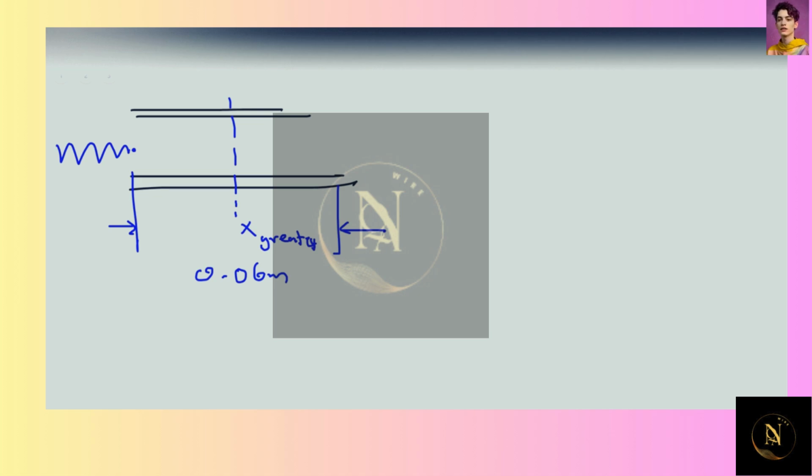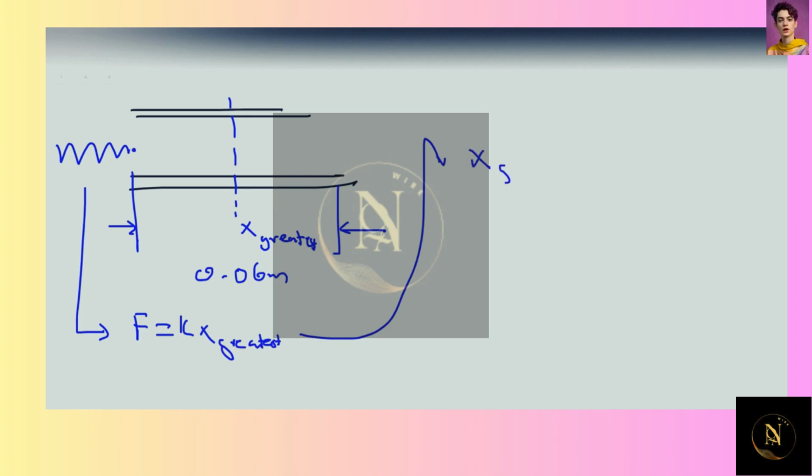The spring provides a force, which is F equals k times x greatest. So this is the same as x greatest being equal to F, which is the spring force, over k, which is the spring constant.